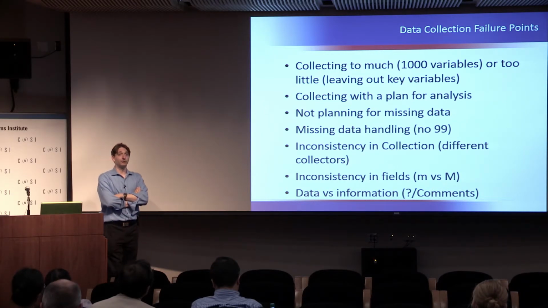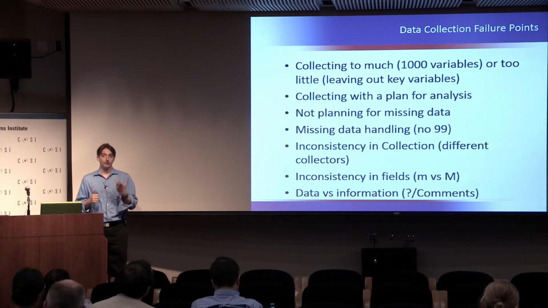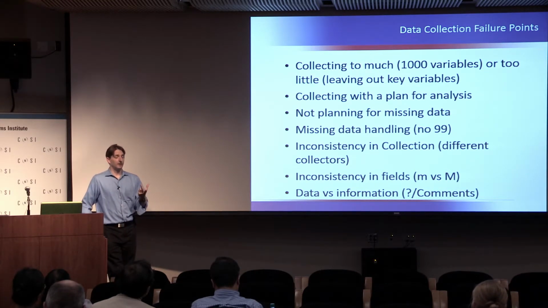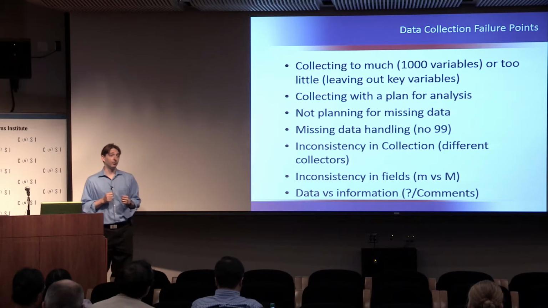And we can spend so much time carefully collecting and cleaning a large database, much of which will never end up being used. So, while you don't want to leave things out, keep in mind your objectives and be focused on your objectives when deciding what you're actually going to collect.